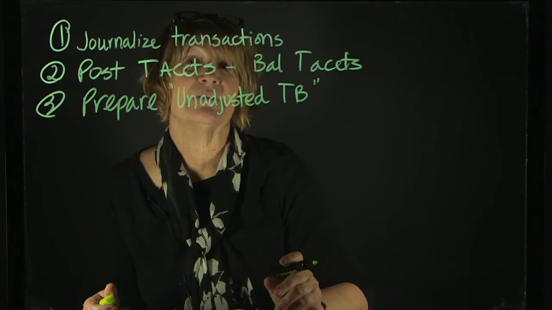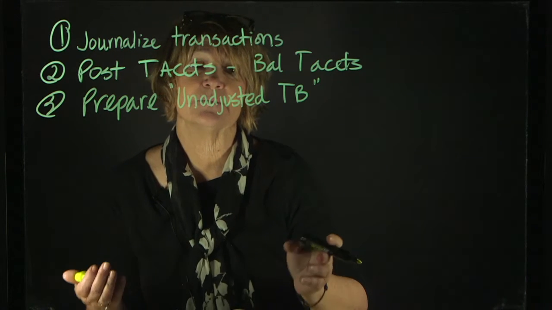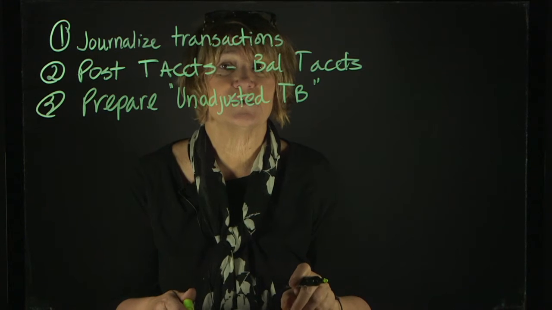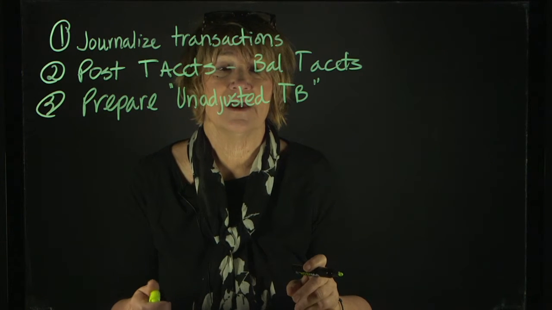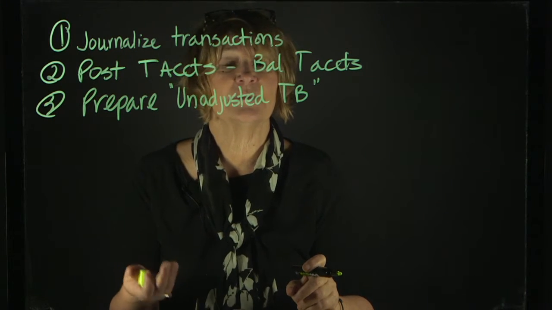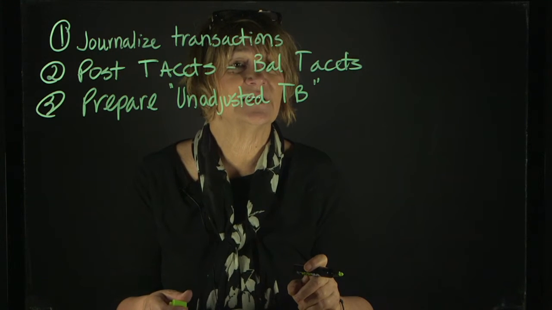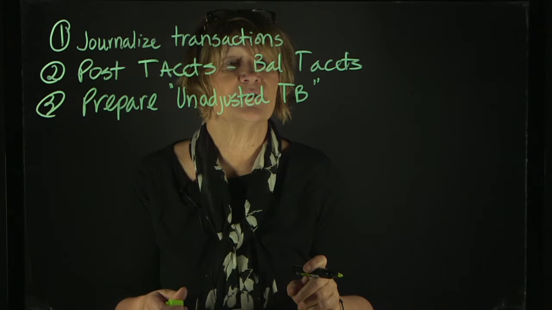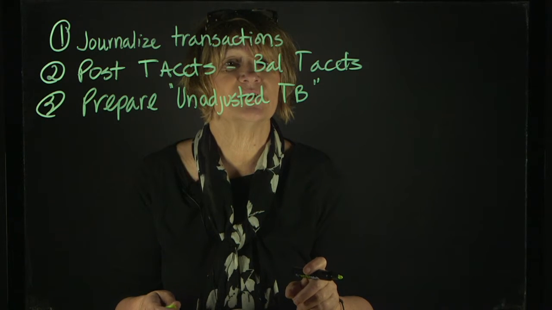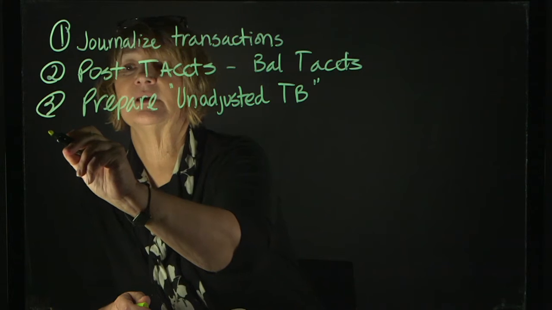Okay. Remembering that a trial balance is simply a way for us to make sure that debits and credits equal one another. And it's simply a list of the accounts, starting always with cash, ending with dividends, listing their balances, either their debit balances or their credit balances, and then adding it up. All right.